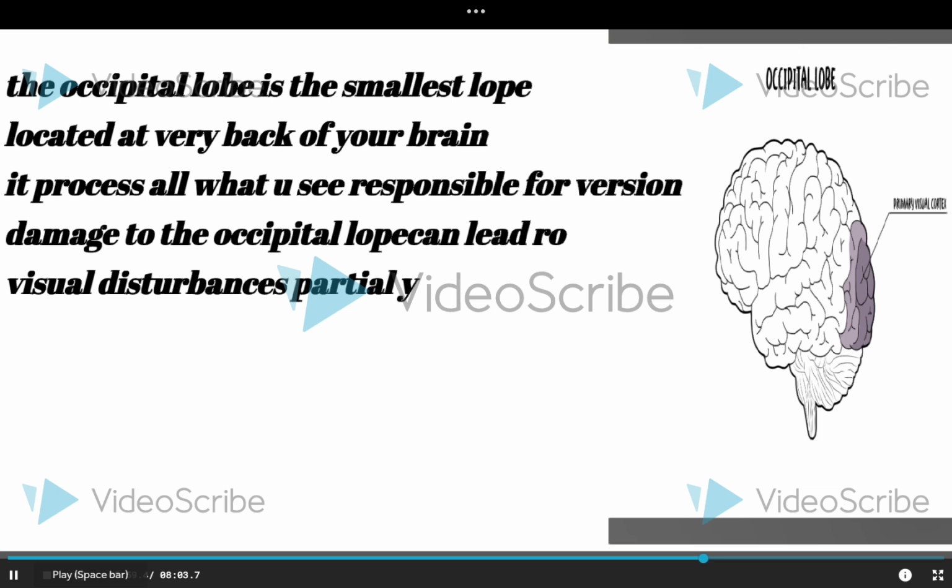For example, if someone is looking at a ball, the primary visual cortex recognizes that there is something in front of his eyes. He will see something, but he will not be able to recognize it. The visual association cortex is involved in analyzing, recognizing, memorizing, and understanding visual stimuli.